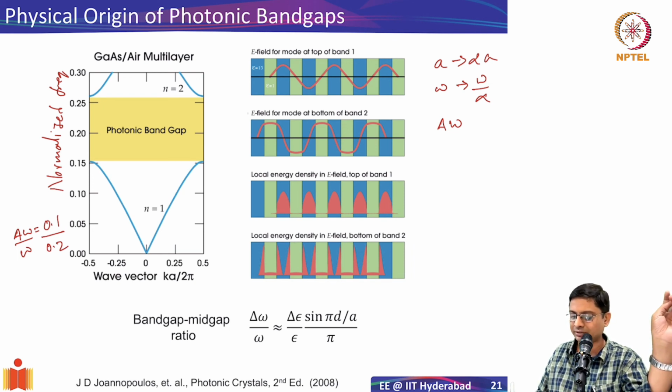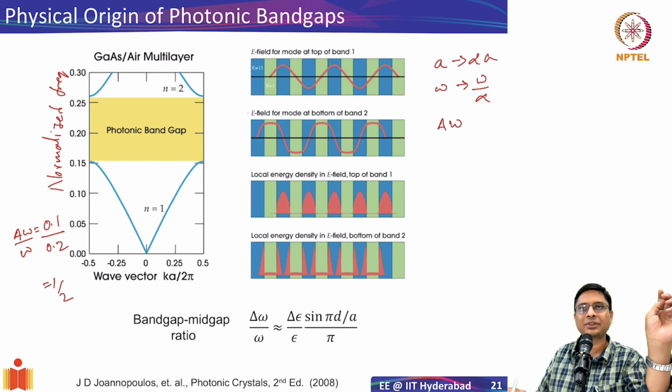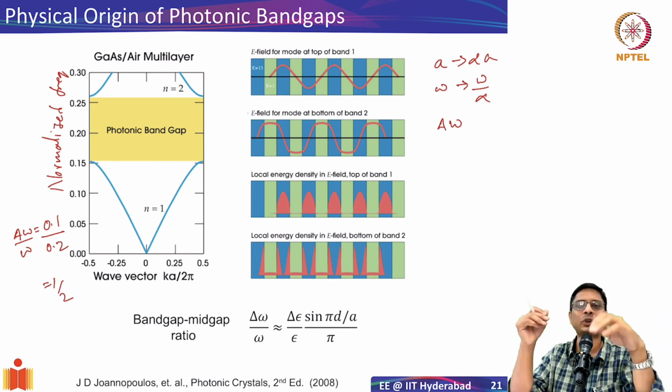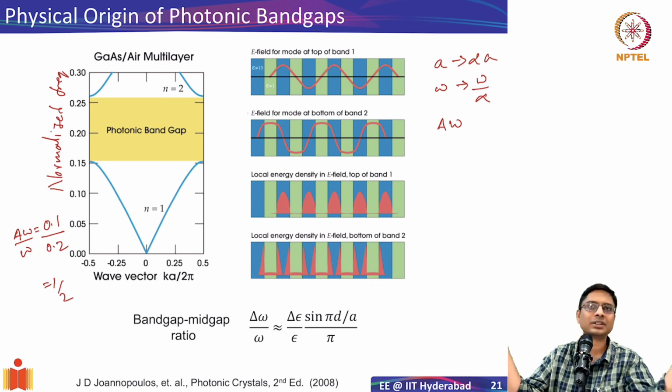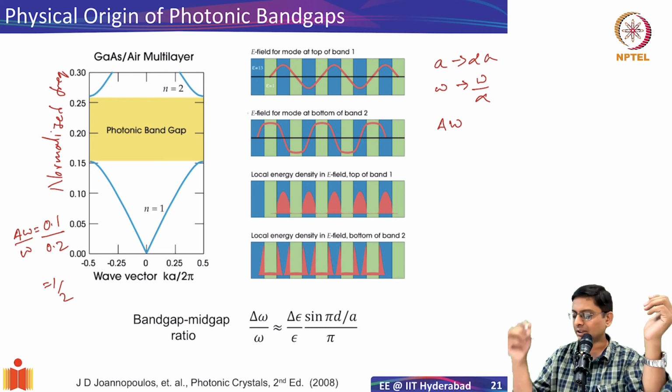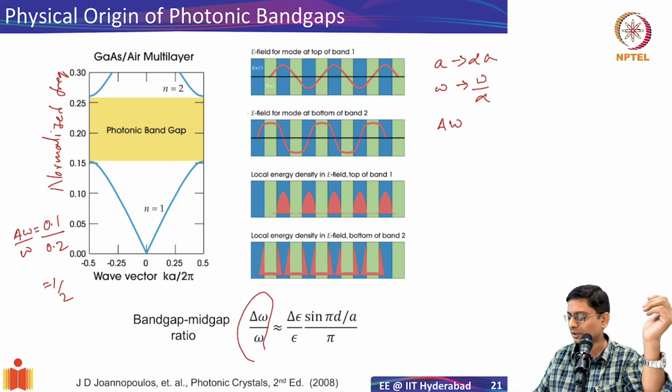So this is roughly half. By choosing the appropriate lattice constants, we can think of a photonic crystal at RF frequencies, X-ray or optical frequencies.